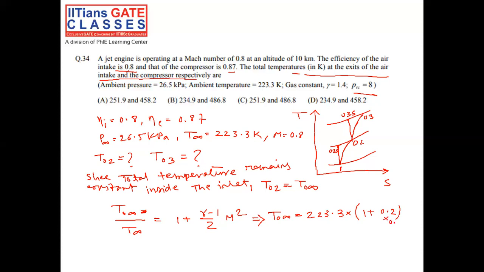M is 0.8 square, times 223.3 Kelvin. So this will come something around 251.8 Kelvin. So TO infinity equal to TO2 equal to 251.8 Kelvin.